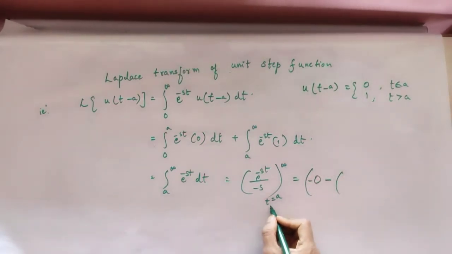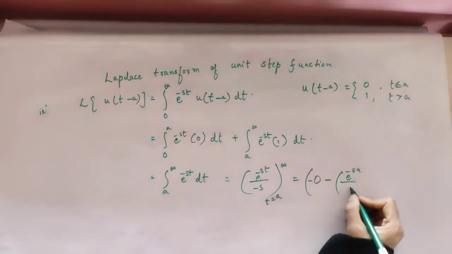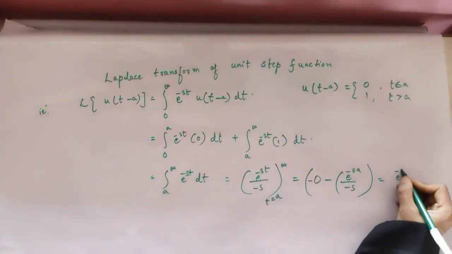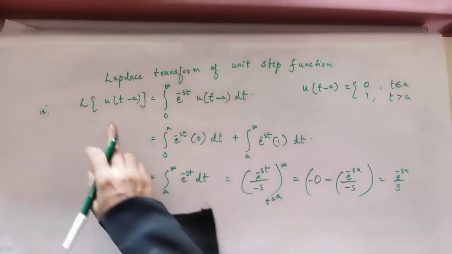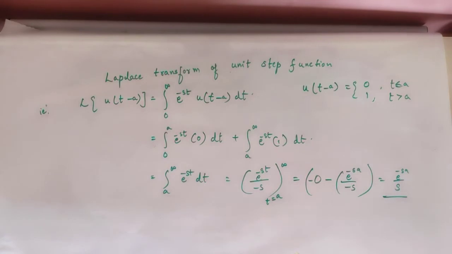When you put t as a, it will be e to the power minus sa divided by minus s. So minus of minus gives plus e to the power minus sa divided by s. So this is the Laplace transform of the unit step function or Heaviside function: e to the power minus sa divided by s.